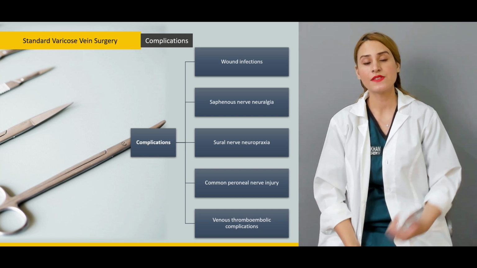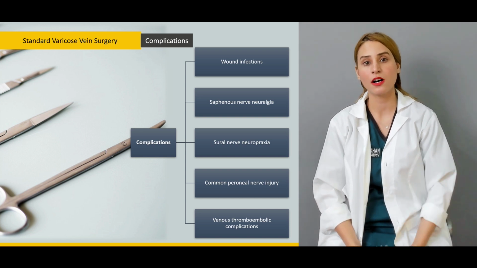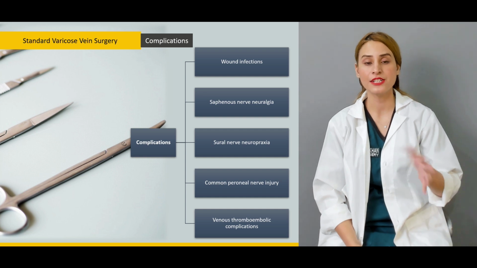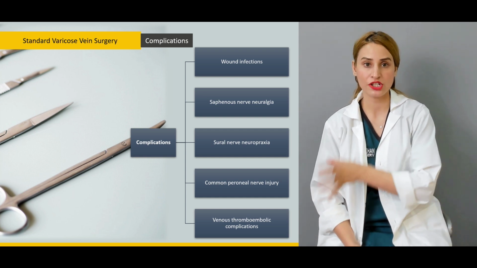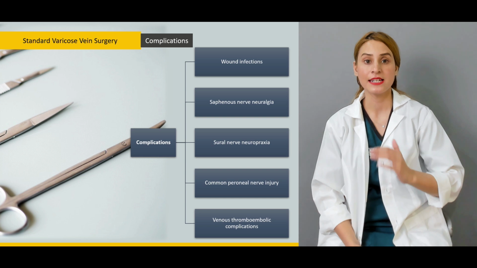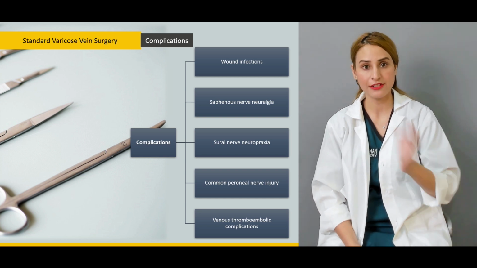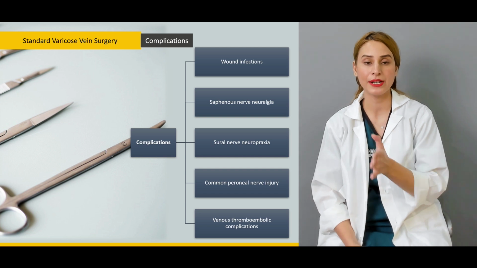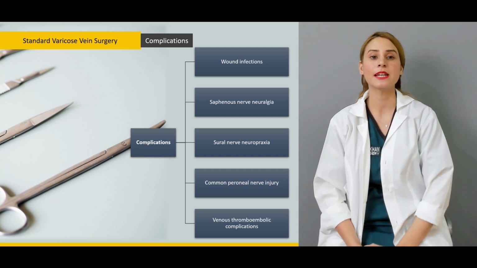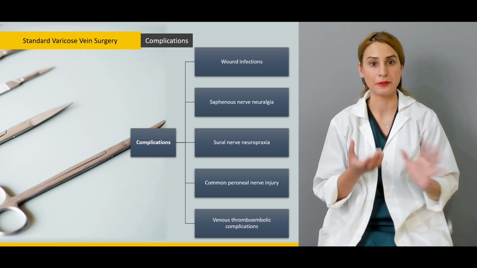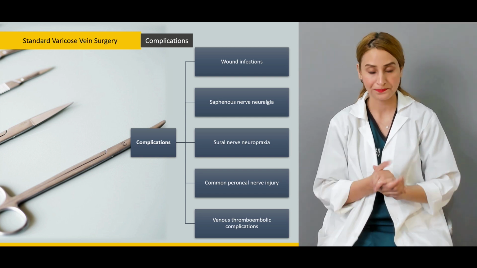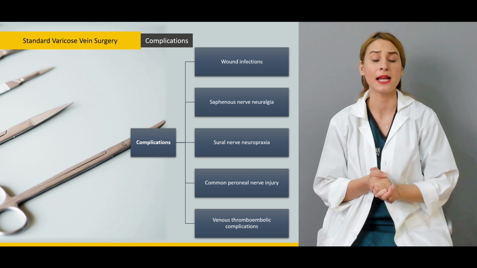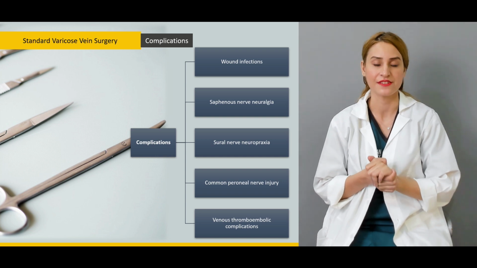For the diagnosis of varicose veins, first of all, you need to perform the ankle brachial pressure index to separate it from the arterial disorders. If the ankle brachial pressure index is normal, you'll think about the venous etiology of the particular presentation, like the ulcer or the telangiectasia, also lipodermatosclerosis and the skin changes as well.